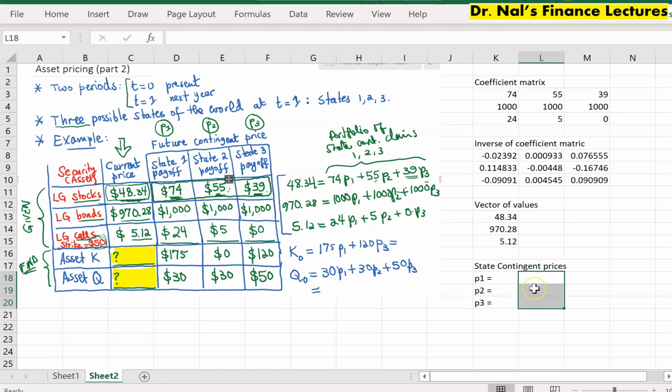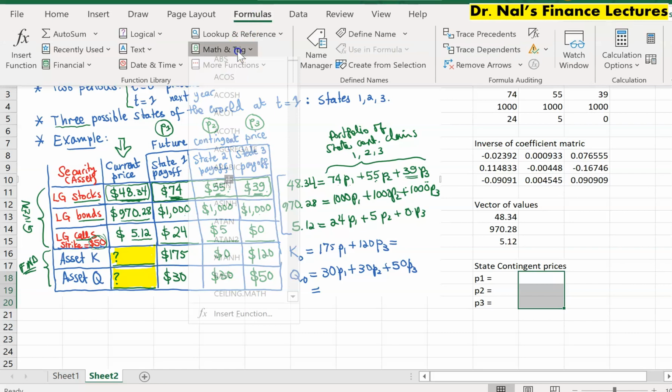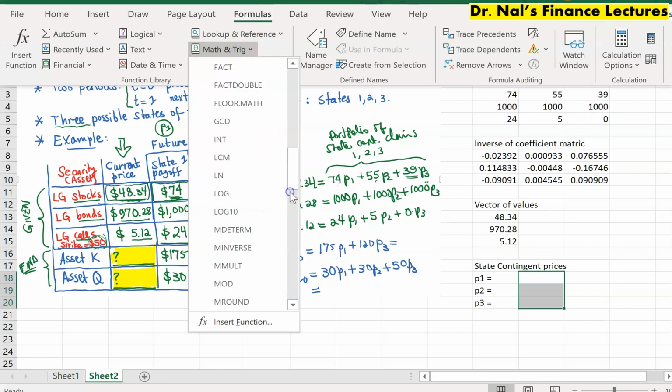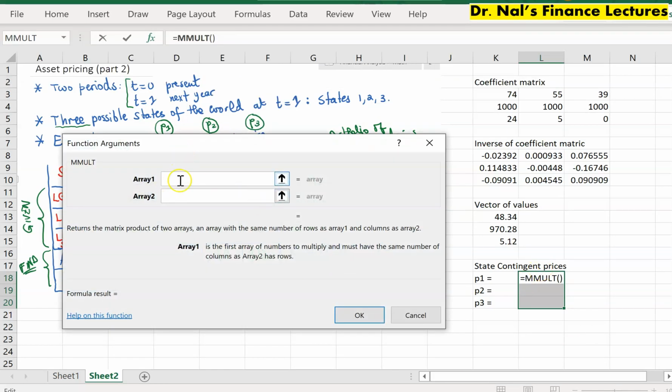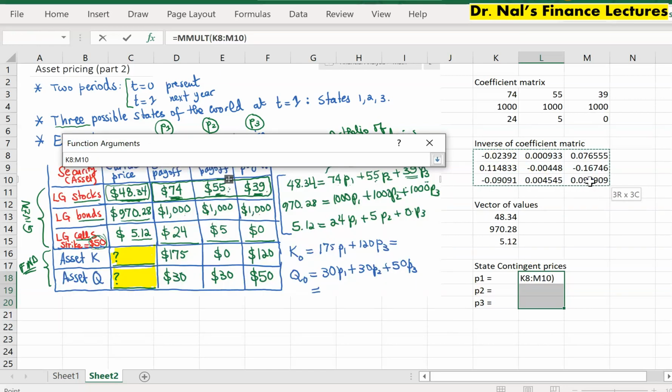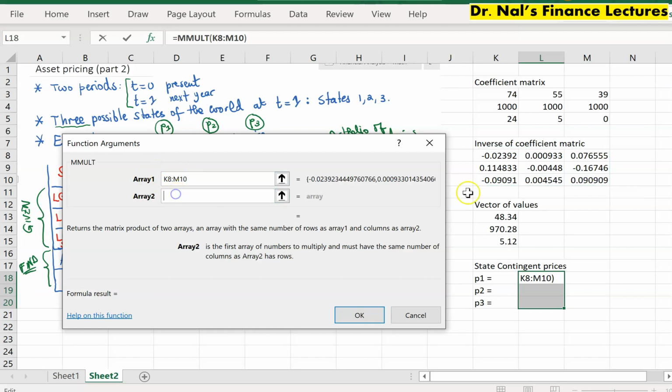So all I need is either to go to formulas, math, and then matrix multiplication, MMULT, or you can directly start typing in the cell. Either way works. So matrix multiplication: what are the two matrices you are trying to multiply? The first one is this one, and the second one is the vector of values. Make sure this order is correct, because matrix multiplication, as we said earlier, is not commutative.